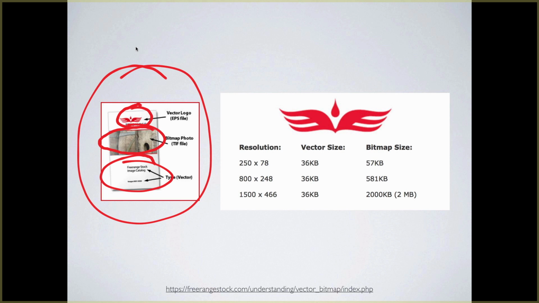But let's look at this logo right here. At a small resolution, in vector graphics it is 36 kilobytes. Not a big file at all. In bitmap size, it's only 57 kilobytes. It's more, but it's not that much more. A little under double.